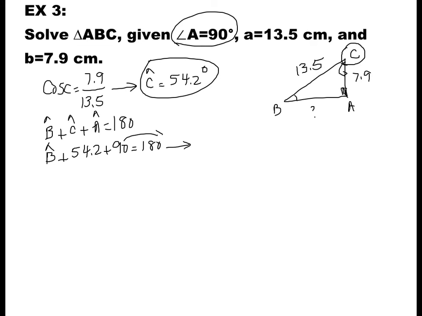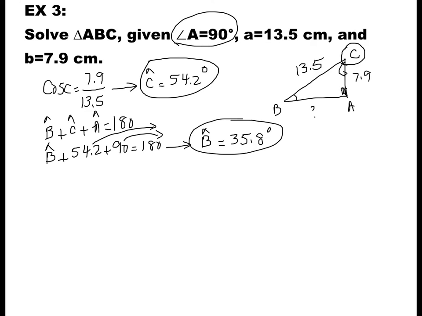If I move 90 to the right, 54.2 to the right, and subtract it from 180, I will get that B is about 35.8 degrees. So we found two angles so far.